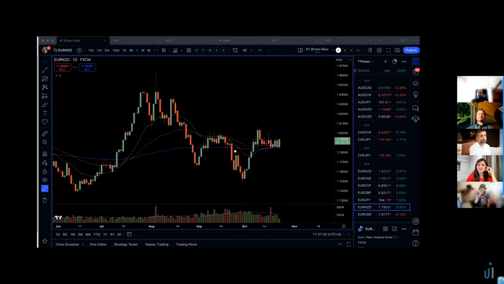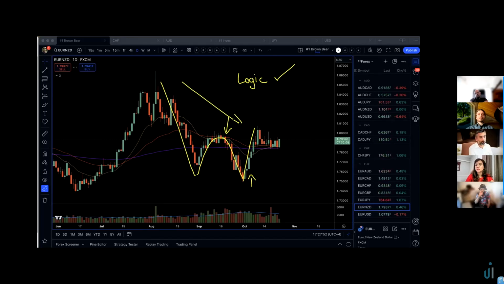So, which means if I am this seller and then I see a struggling buyer and then a sell again, and then I have a sharp reversal, two things happen. I can look at this from a logic point of view: if there's people selling and now there's this much aggressive buyers, why would anyone sell anymore? Check. But a sharp reversal also says, yeah, but this guy is still in control, right?